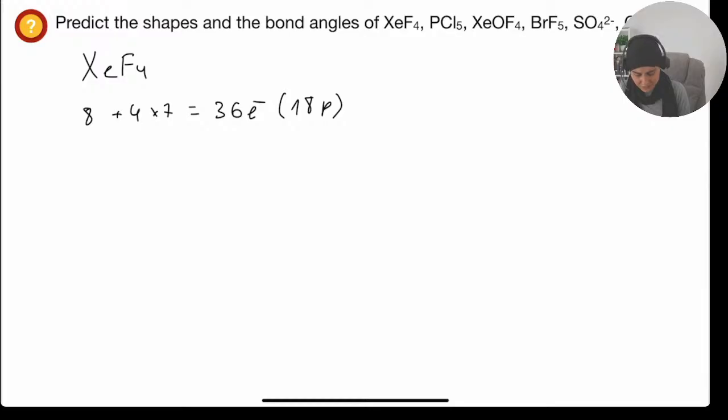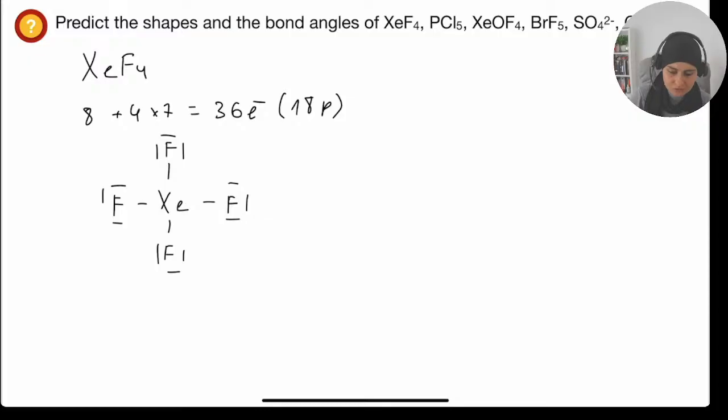I put xenon in the middle, attach fluorines with single bonds, then I place octets on the side atoms. Each fluorine needs 3 pairs. I hope you understand what I'm doing because I explained it in the beginning, and you can just move back to Lewis structures if you don't understand that. Right, and then what do we do? Then we find out how many pairs out of 18 I have used up.